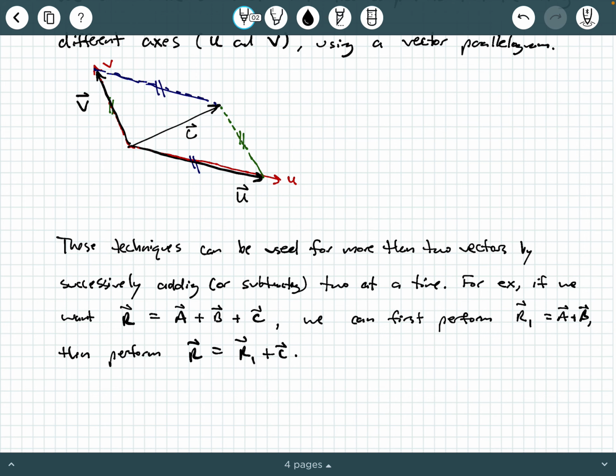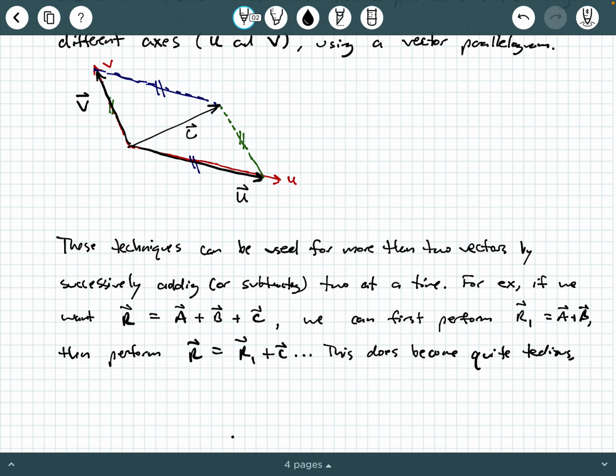However, this does become quite tedious though, okay? So we'll make a note here. This does become quite tedious, okay? What we'll find later in some later videos is that when you have multiple vectors, especially more than two, using another technique called rectangular components is going to be more efficient, and we'll do another set of videos on that, okay?